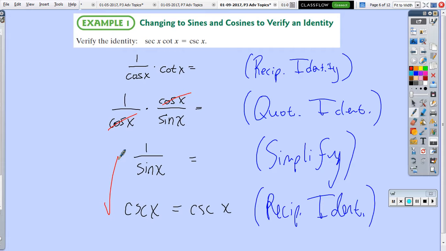And when you do that, you notice this makes it more simple. Cosine of x over cosine of x is just 1. Then how did you get cosecant of x? Reciprocal identities tell us that 1 over sine of x is cosecant of x. Good? Anyone need more time?